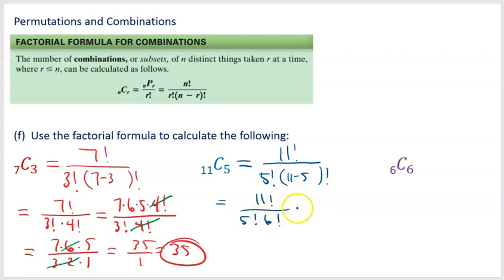Now what am I going to do? I'm going to write the top one all the way down to the biggest factorial that's in the bottom. Sometimes it might be the first one listed. In this case, it's the second one listed, just like the last time. So I'm going to say 11 times 10 times 9 times 8 times 7 times 6 factorial divided by 5 factorial times 6 factorial.